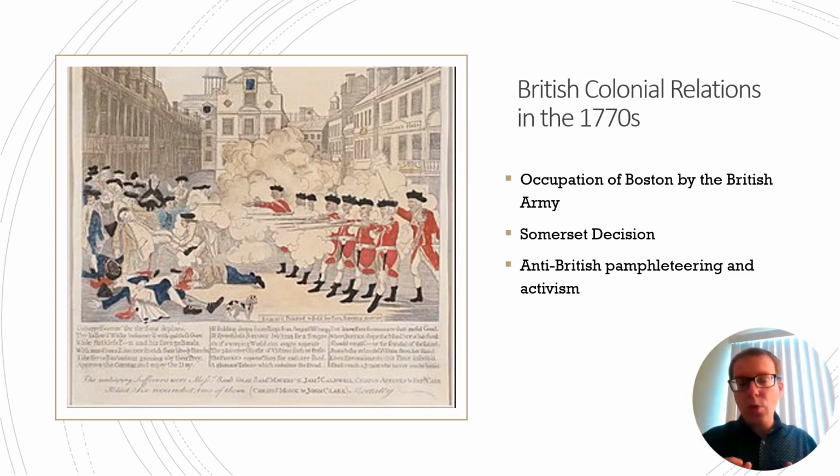And so after a variety of disputes between a few individuals, a few dock workers, and British soldiers, and especially after the beating of one of these dock workers by British soldiers, and then the beating of a British soldier by these dock workers, tensions are running high in the winter of 1770.